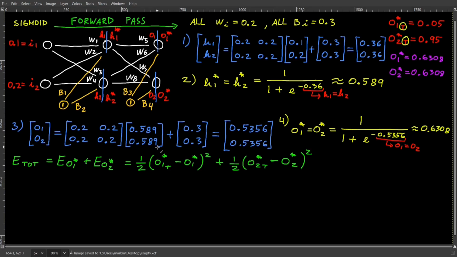And now, in order to train the network, in order to find the weights and biases that drive this error to 0, we have to know how this error changes with respect to them, with respect to the weights and biases. In other words, we want to know the gradient of the total error.